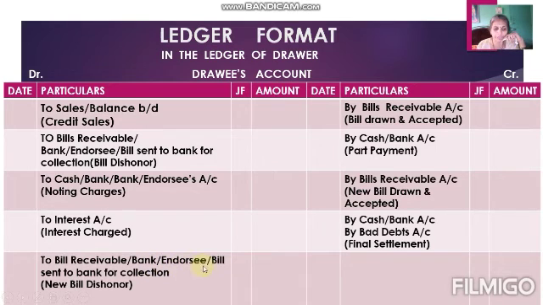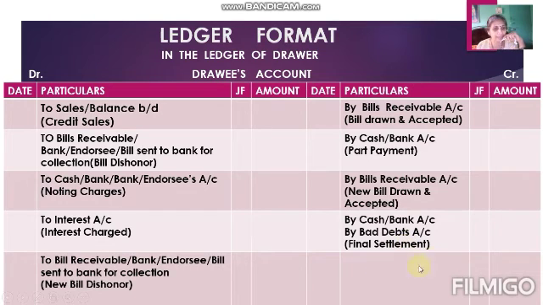If endorsed, 'To endorsee'. If bill sent to bank for collection, 'To bill sent to bank for collection'. This is for new bill dishonor. After that, final settlement is there. The entry for that in the books of drawer is cash or bank account debit, bad debts account debit to drawee's account. So here, on the credit side we write 'By cash' or 'By bad debts account' for final settlement.